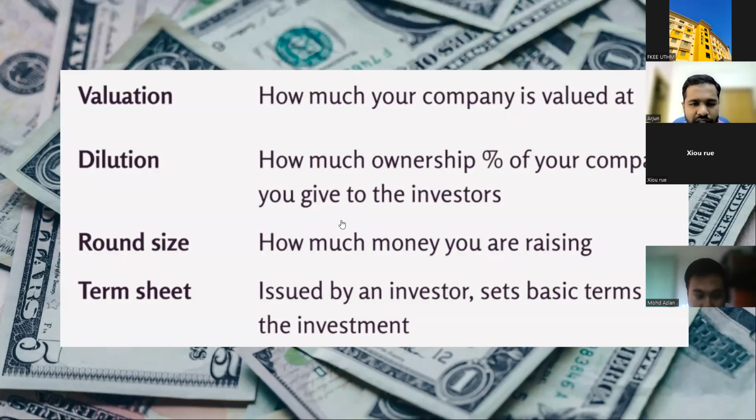And then we also need to show them that we will at least start generating revenue in the order of $200,000, $300,000, like $1 million, something like that. It will depend on the venture capitalist.